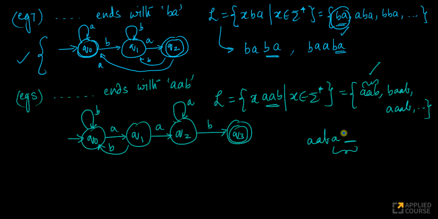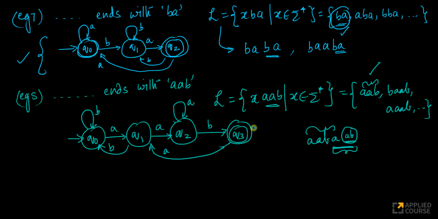I've seen an A already, which means if I have AB, I'll accept this. So from here, if my A goes here, I've seen AAB followed by A. Now if I just see AB, I've already seen this whole thing. If I just see AB now, this word ends in AAB. That's why my A transitions to this.